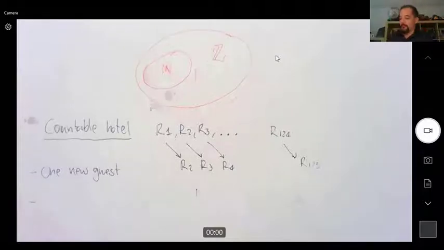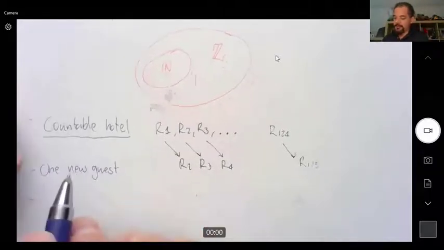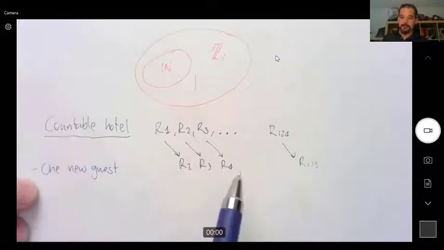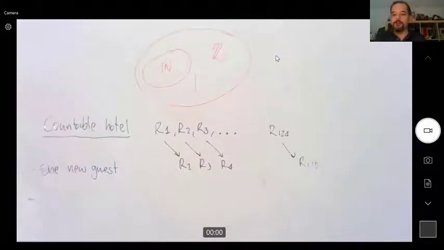But before we do that, if instead of one new guest, we had, say, 10 new guests come and each one of them wants their own room, you already know how to fix this, right? You can either repeat this process 10 times, or you can simply tell everyone to move to the room 10 units more.